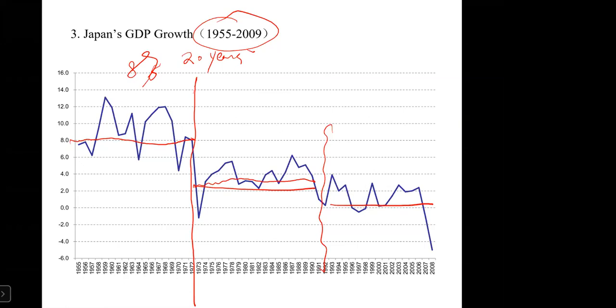And unfortunately, after 1990, the growth rate in Japan declined further. At some point it becomes negative. All right, so we have seen 3 different countries. They have a drastically different growth experience.